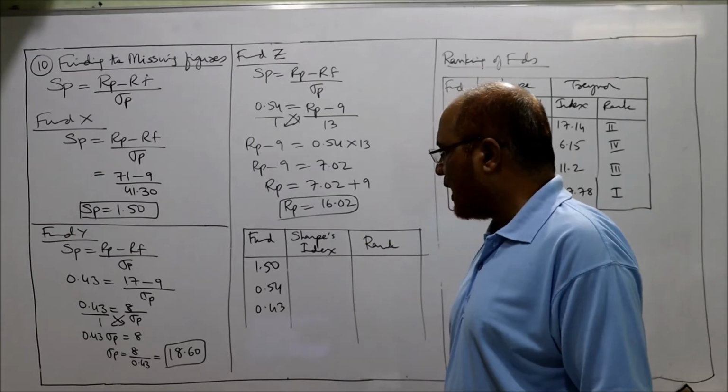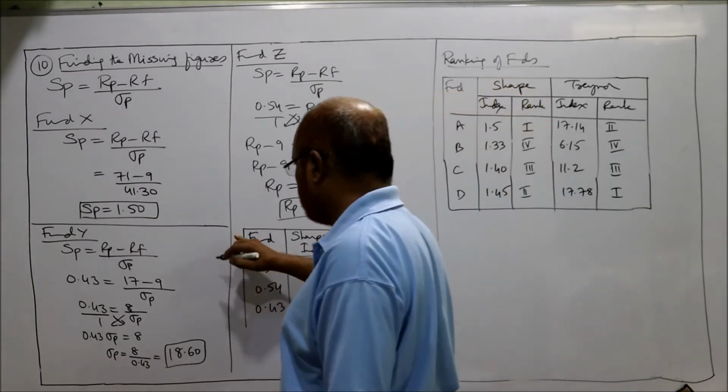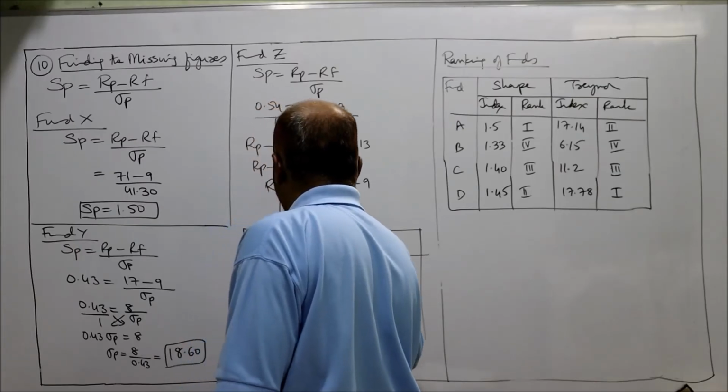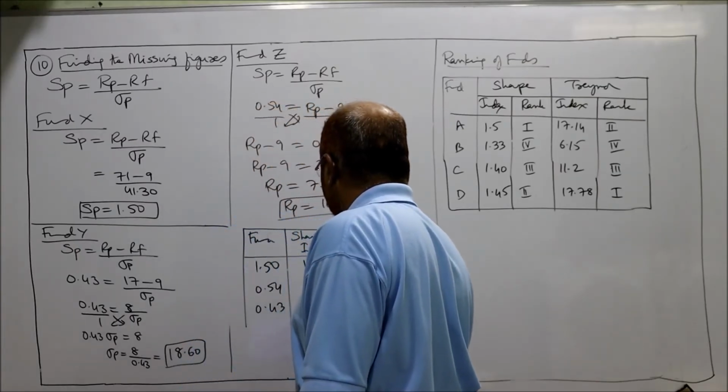It is asking you to arrange the funds in descending order. Index 1.50, 0.54, 0.43.